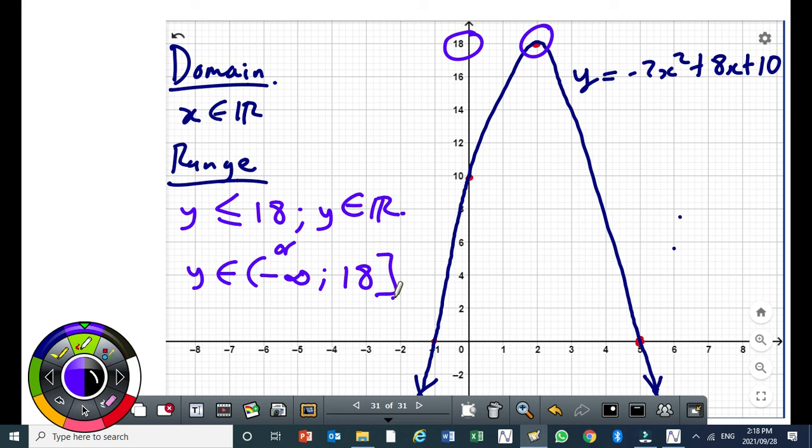I saw it even in the control test. That's not how I taught you. When you're writing the range or the domain, you start with the minimum first. Or if you want to use the inequality signs, it will be minus infinity is less than y, y is less than or equal to 18, because the 18 has to be included.